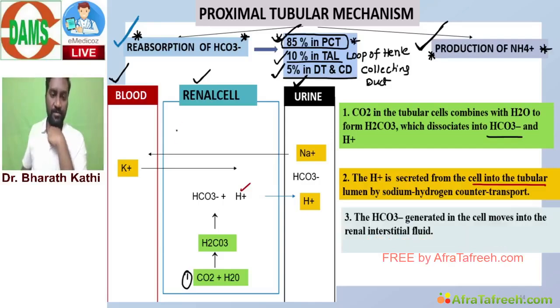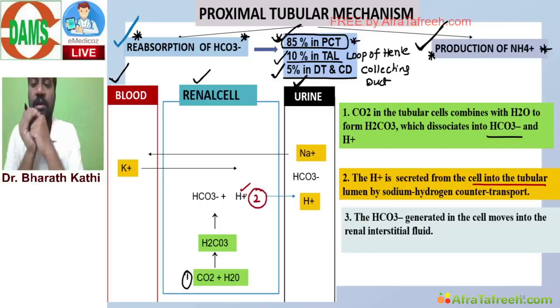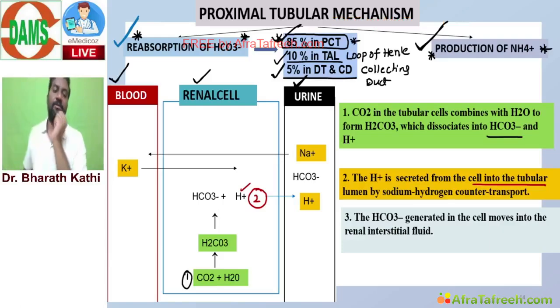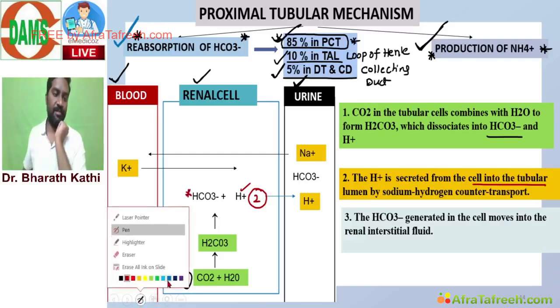Now the third step. So this is the second step. The H plus is getting excreted, or secreted, into the urine. The third step is the bicarbonate that has been generated in the cell. Now you have a bicarbonate here. This is the third step.